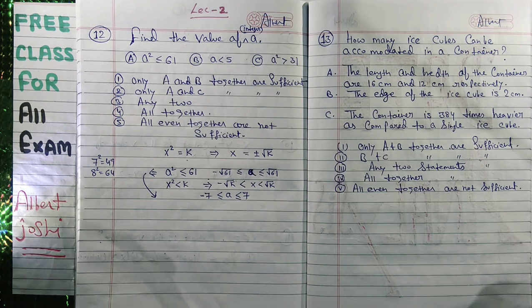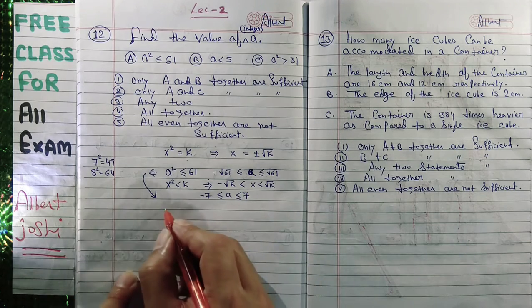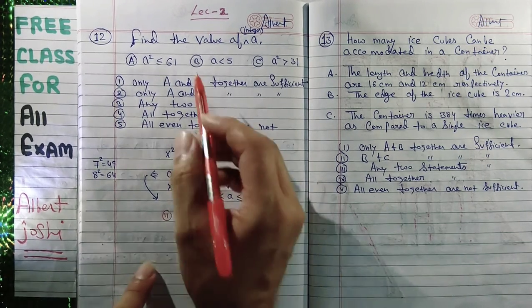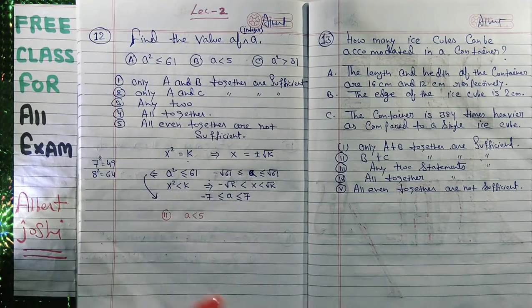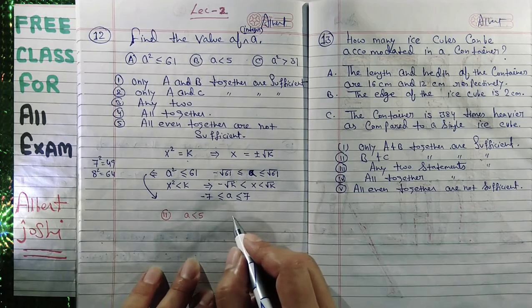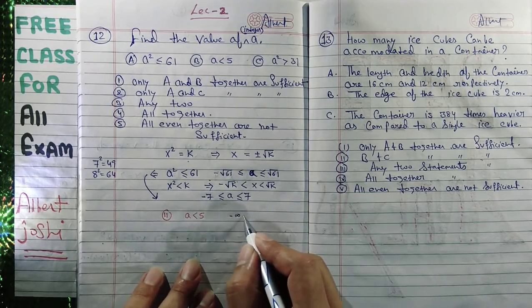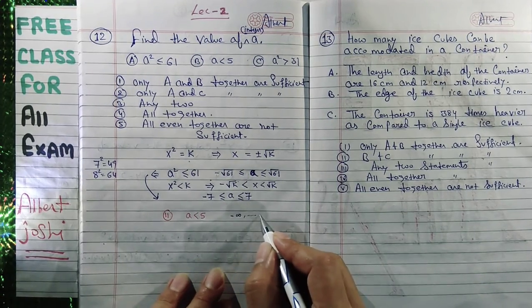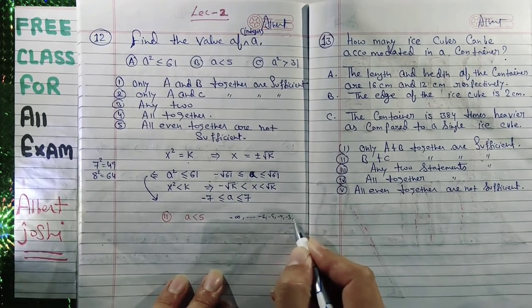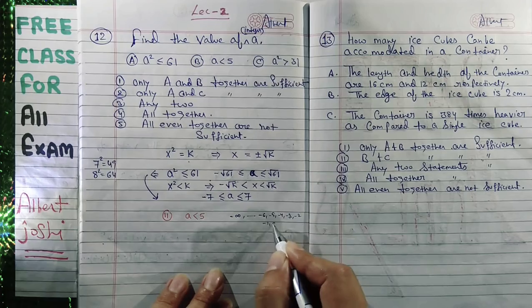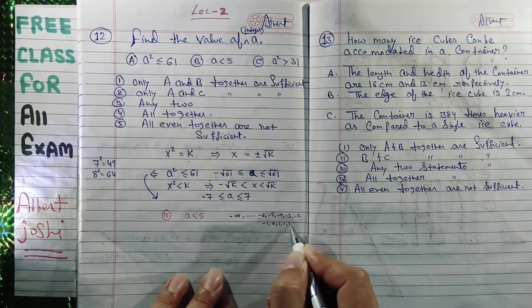Now in the second case, what have they given us? They have given us a is less than 5. So there are many integers less than 5, as you know: minus infinity, then minus 6, minus 5, minus 4, minus 3, minus 2, minus 1, 0, 1, 2, 3, 4.